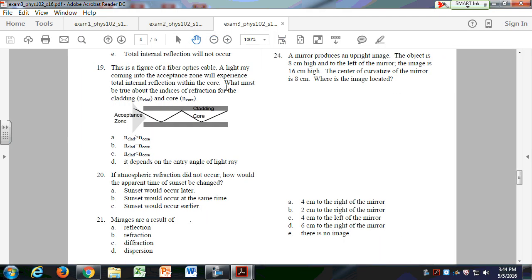There's a lot here. A mirror produces an upright image. The object is 8 centimeters high. The image is 16 centimeters high. So that means that I'm dealing with a concave mirror. How do I know that?